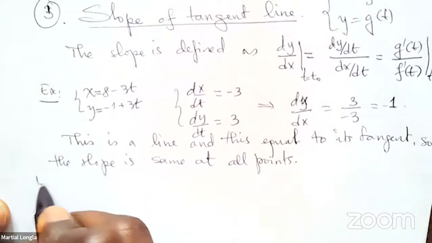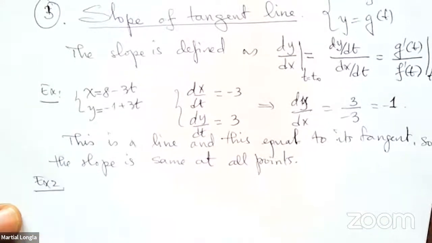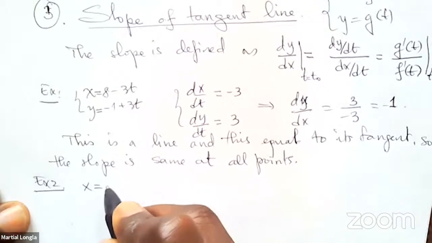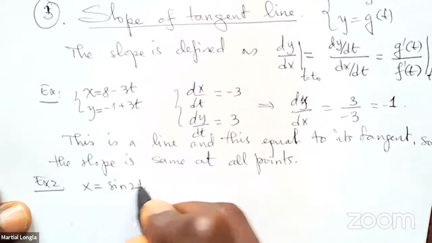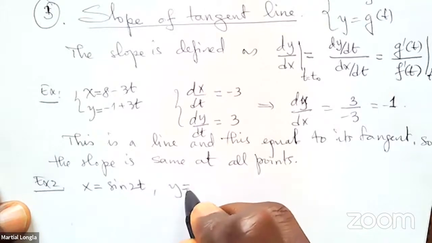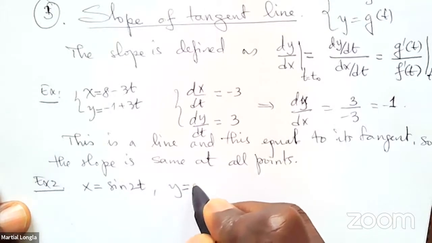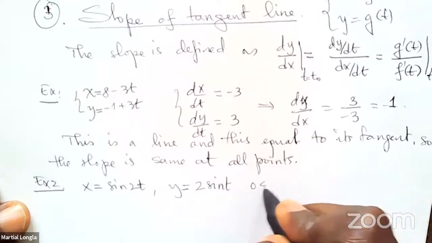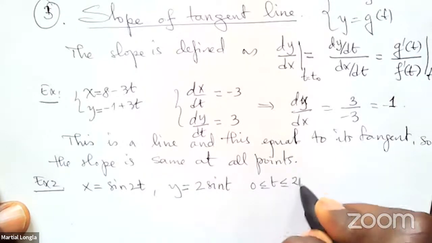Example 2. Let's say we have x equals sine of 2t, y equals 2 sine of t, with 0 less than or equal to t less than or equal to 2 pi.